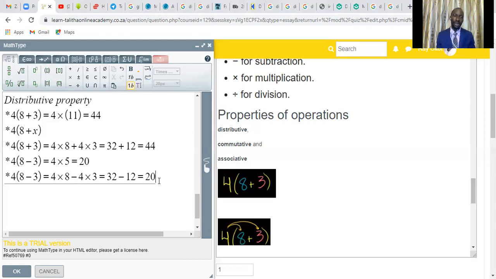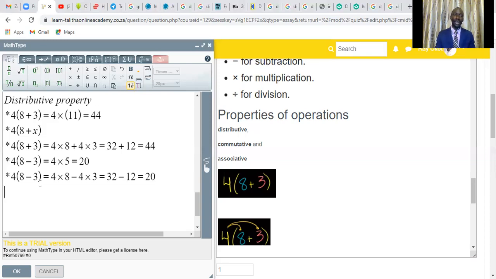So the question now is, where else do we apply this distributive method, which makes things a lot longer? Well, we will be looking at a few activities really soon, and you will see that this method would not work. It will only be the distributive method or the distributive property of operations.